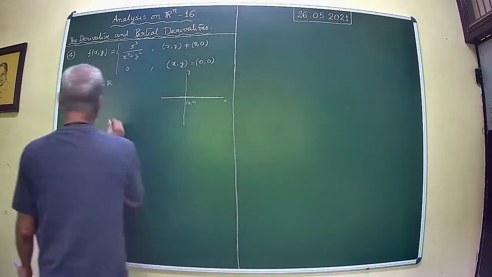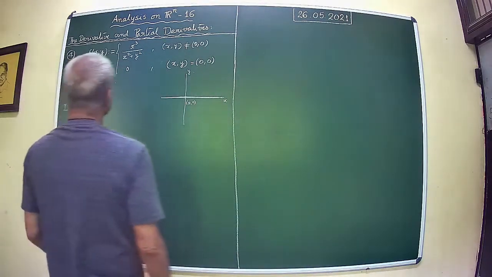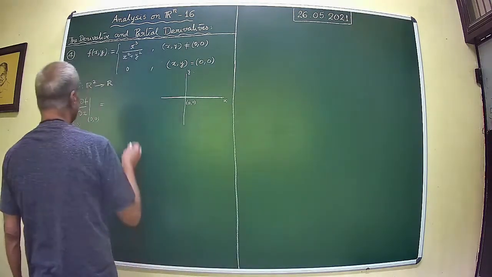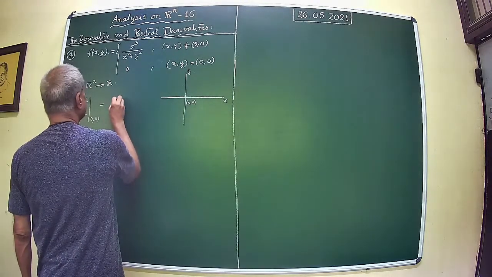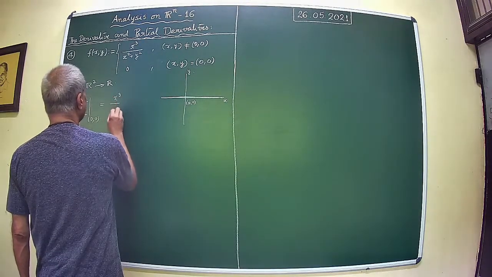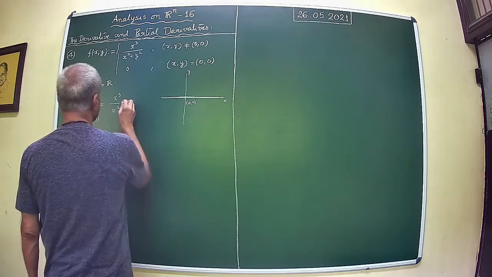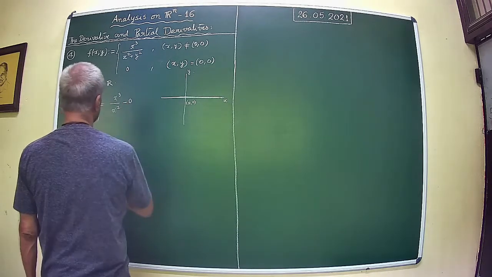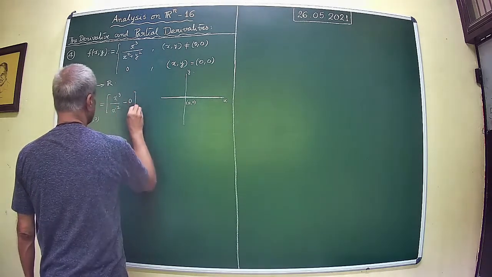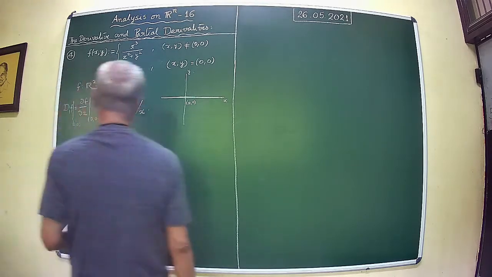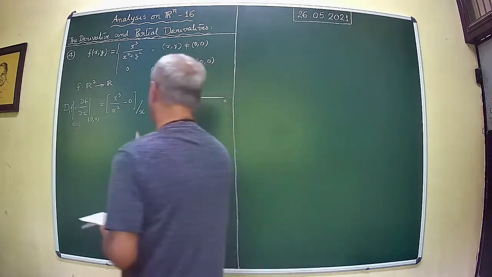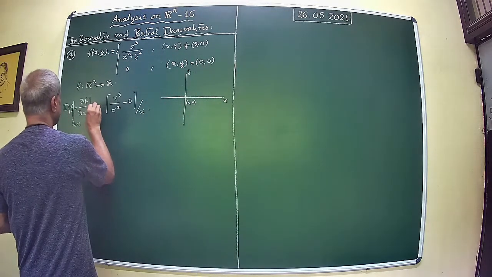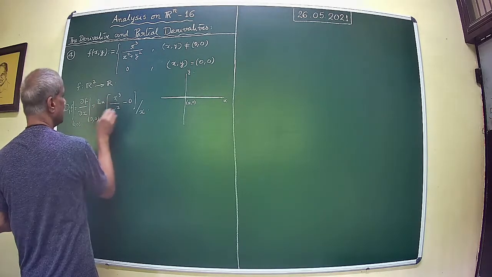So this is equal to x cube by x square minus 0, because x is not equal to 0, and then considering the limit of this as x tends to 0.